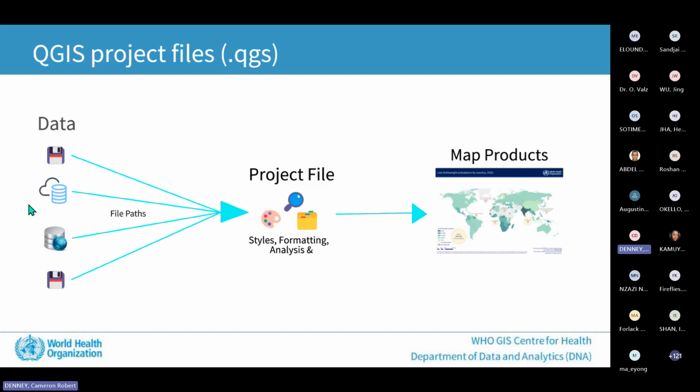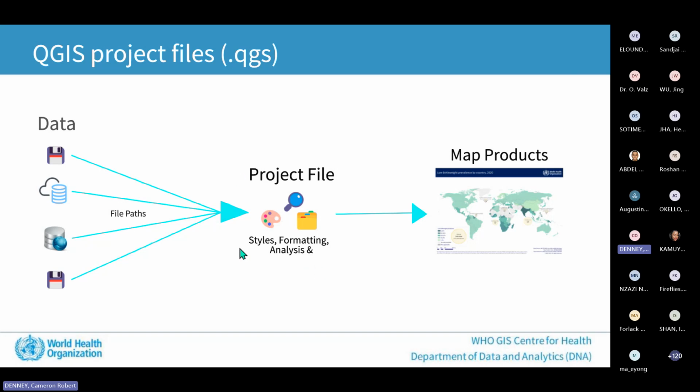Some of the data will be online for the WHO base maps that we have, the custom base maps that can be used for WHO maps. So QGIS can pull data from many sources, your computer, online, other databases, but the project only remembers where that data is. So it's good to be organized.